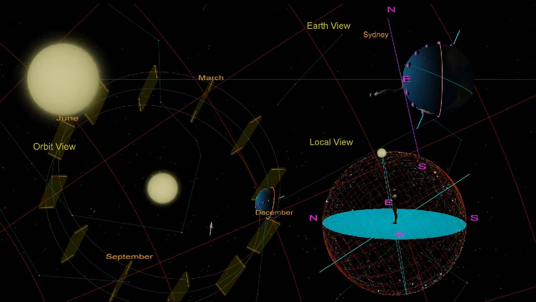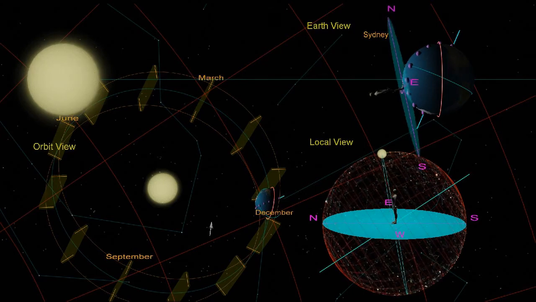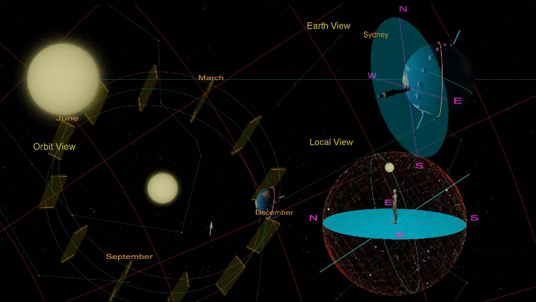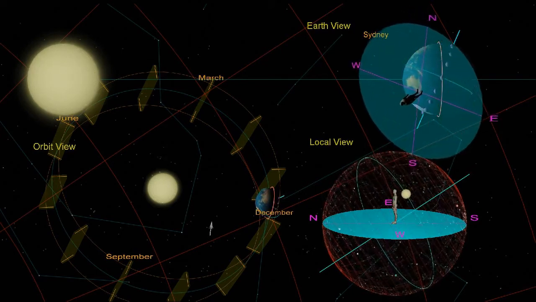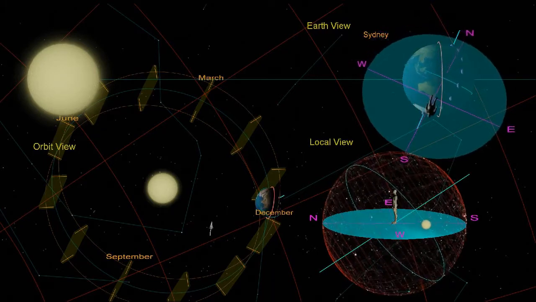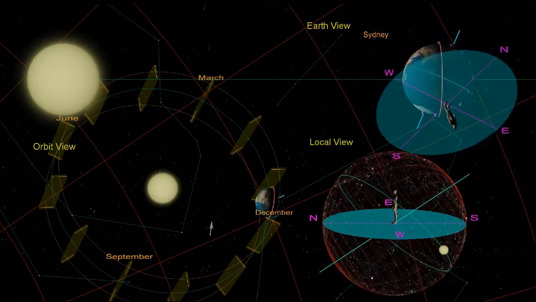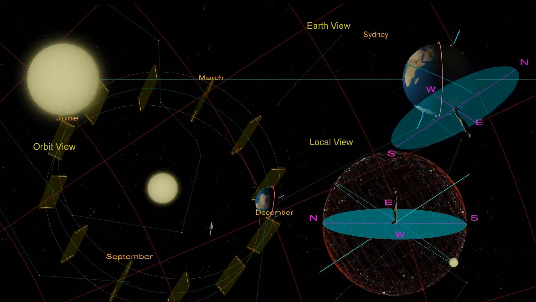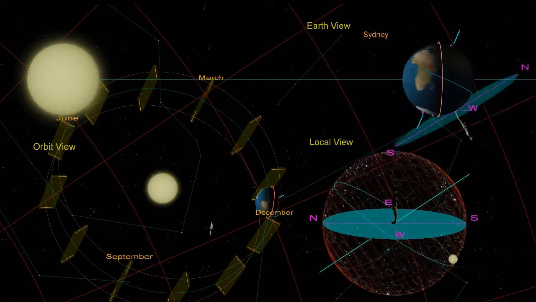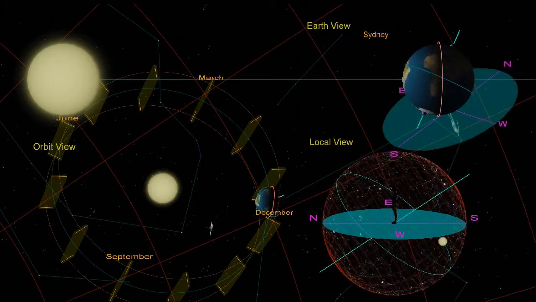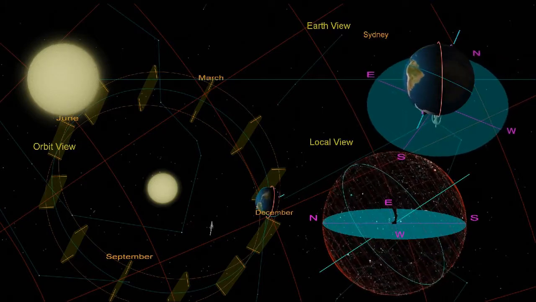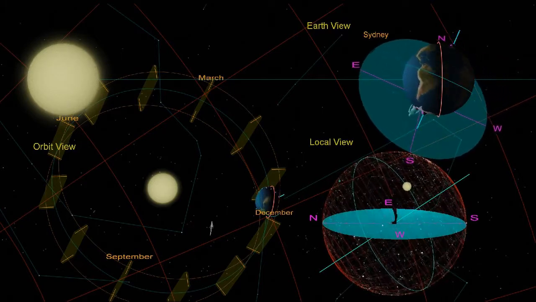At noontime now, the sun is very high in the sky. The intensity of the light is quite strong. And as it moves across the sky, it takes a long path, setting towards now the southwest. The sun takes a shorter path during the night and rises towards the southeast.